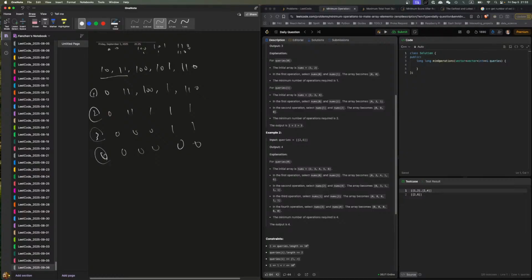Oh, it's because I'm wasting. This one's not paired with anybody else. So you need to pair it with somebody else. How do you pair? Basically, these two can get eliminated with one operation, right?